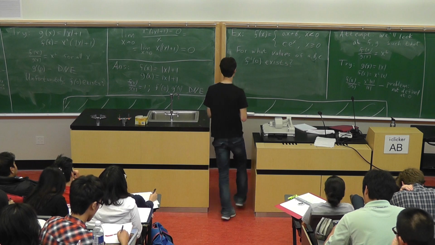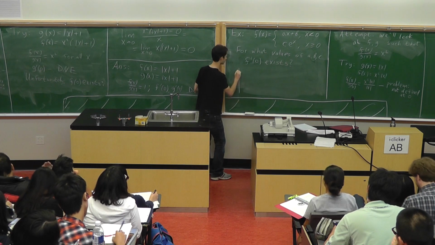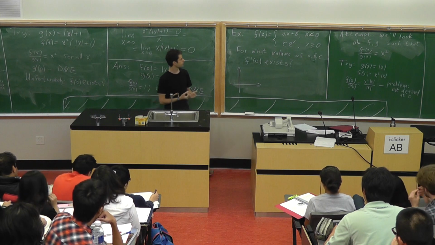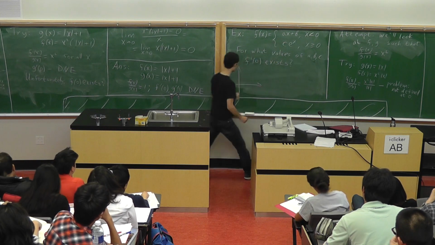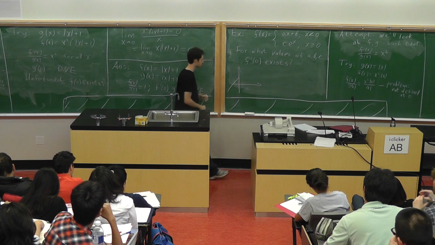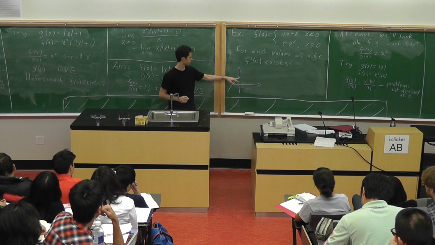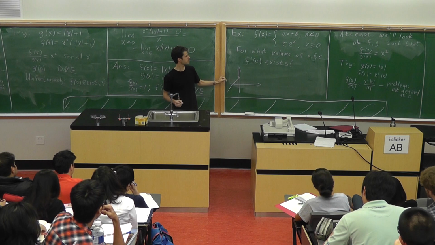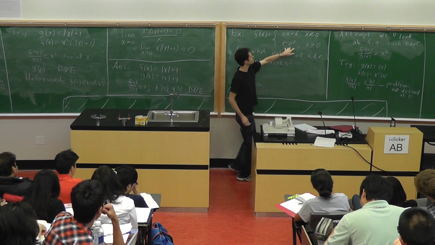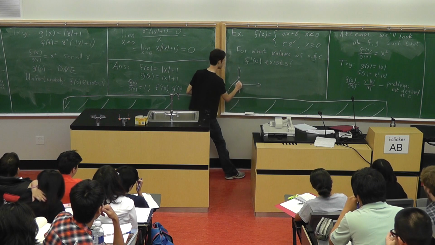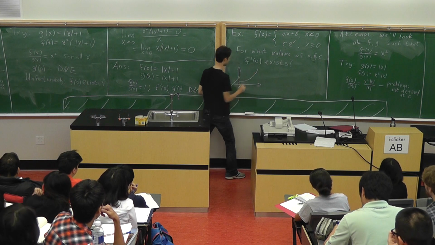So first of all, let me try to sketch how a typical function of this kind looks. For negative x, it's part of a line, something like this. Maybe it's not quite here when x is equal to 0, and then it is an exponential function times some constant, so it looks something like this.